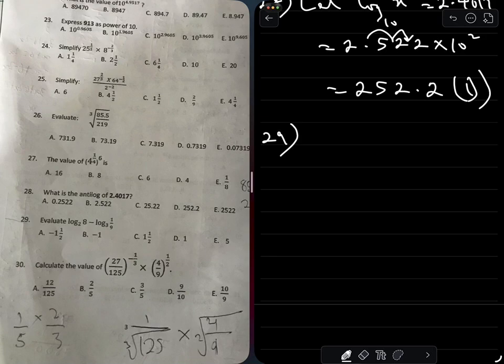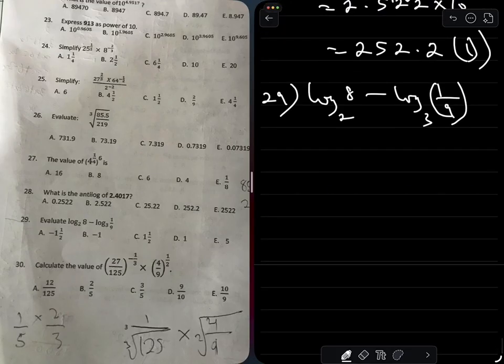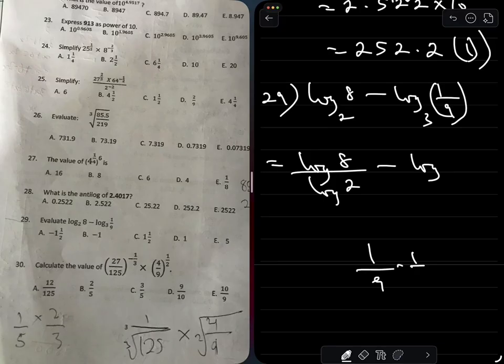What does that say? Evaluate. This is a piece of cake. Log 8 base 2 minus log 1 over 9 base 3. Okay. So let's go. Log 8 base 2 is the same as log 8 over log 2 minus log 1 over 9. 1 over 9 is the same as 1 over 3 raised to the power 2, which is 3 raised to the power minus 2.